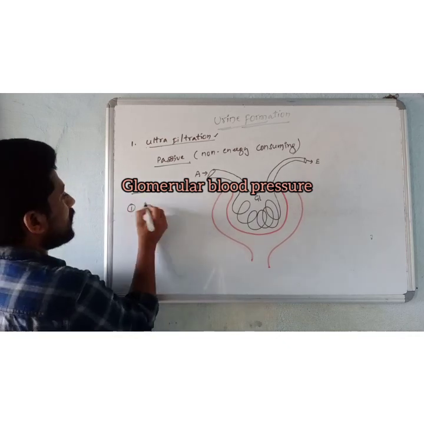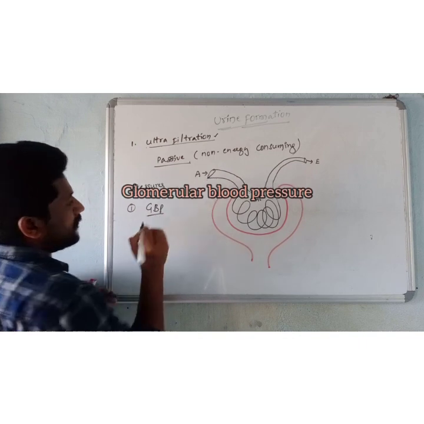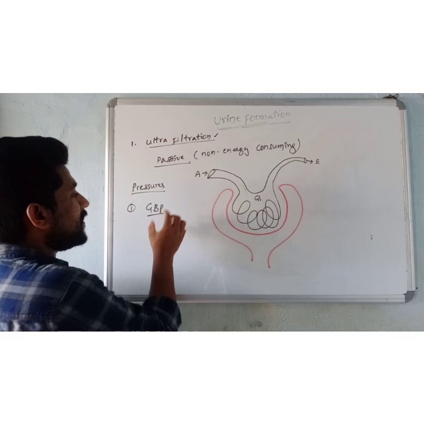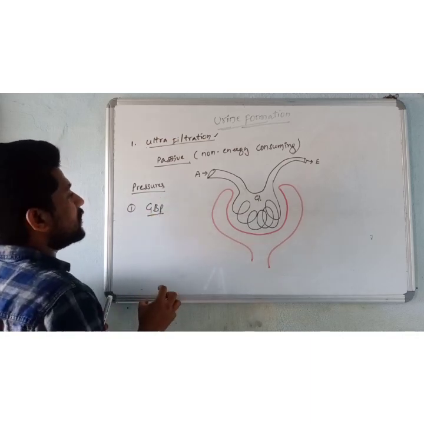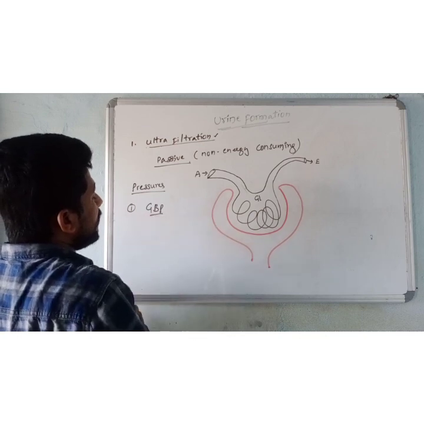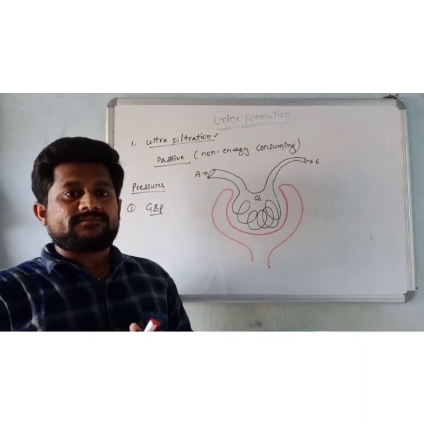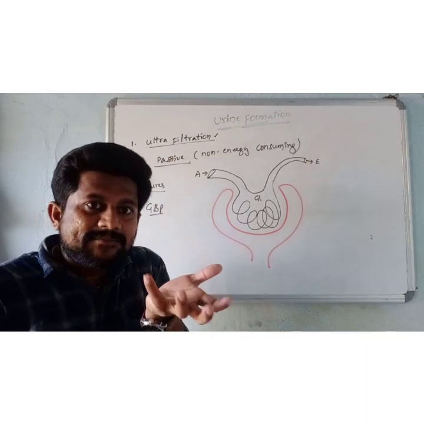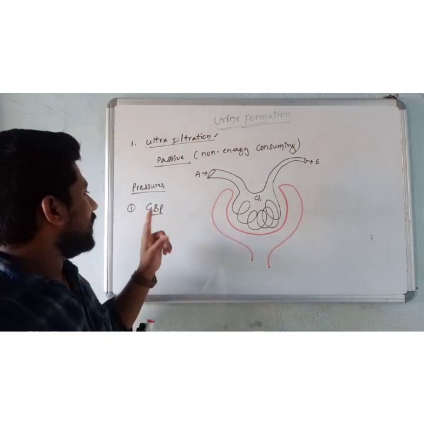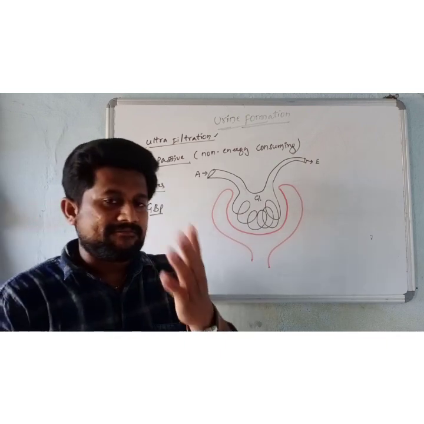First, glomerular blood pressure. How can we define blood pressure? Blood pressure is the pressure exerted by the blood on the walls of the blood vessels. We can measure it in millimeters of mercury.